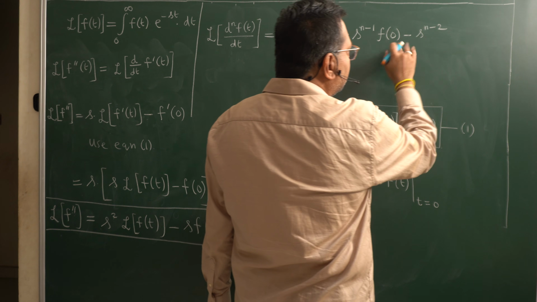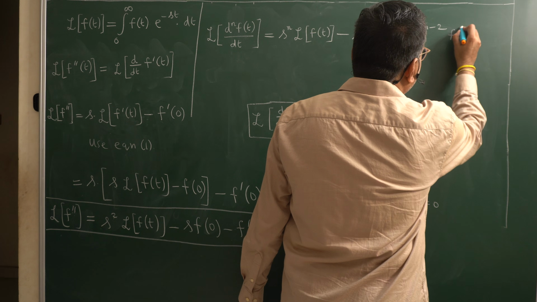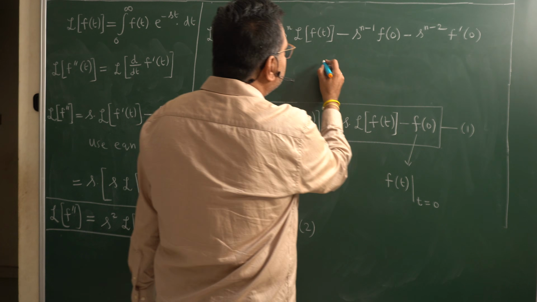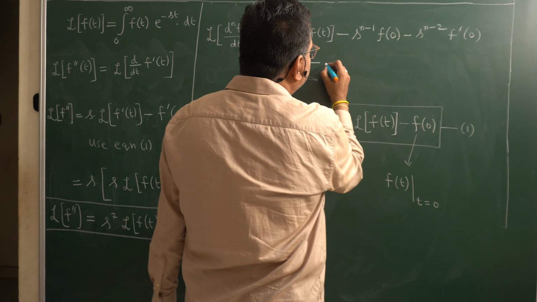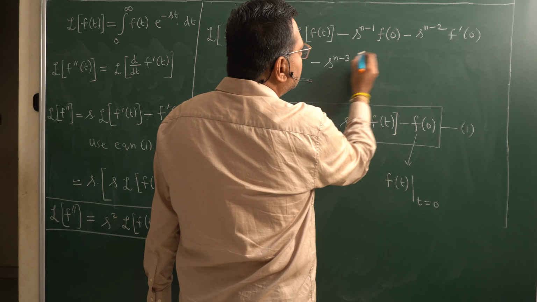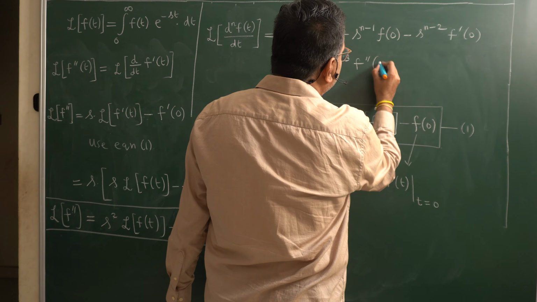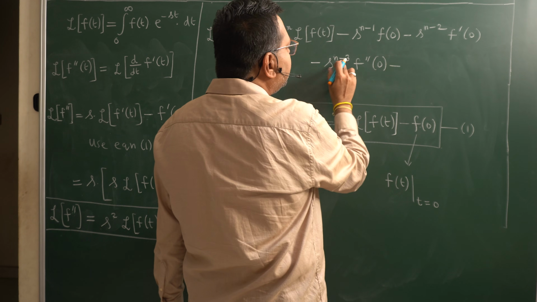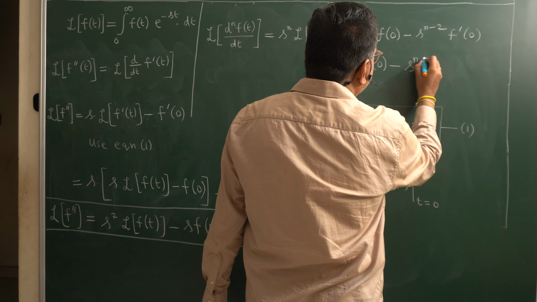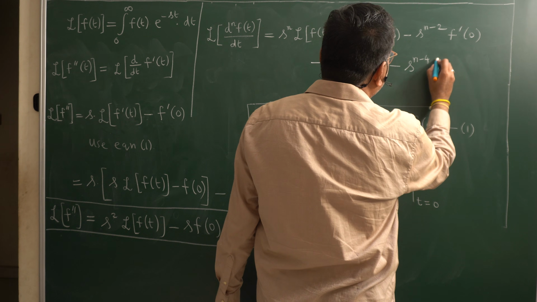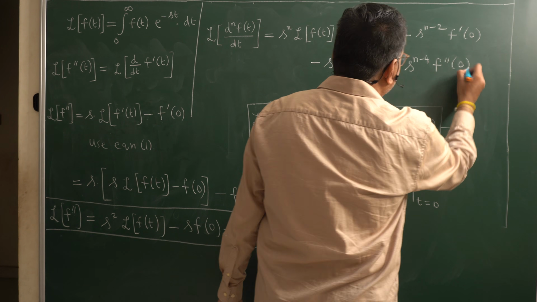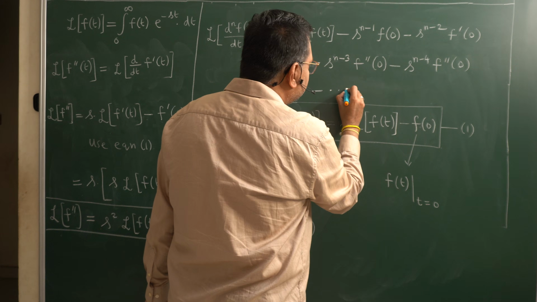Now f is over. Now you put f prime of 0, then once again minus, s to the power n minus 3. Then you put the next derivative at 0, then again minus, you reduce the power, s to the power n minus 4, put the next derivative, minus, like that it keeps going.